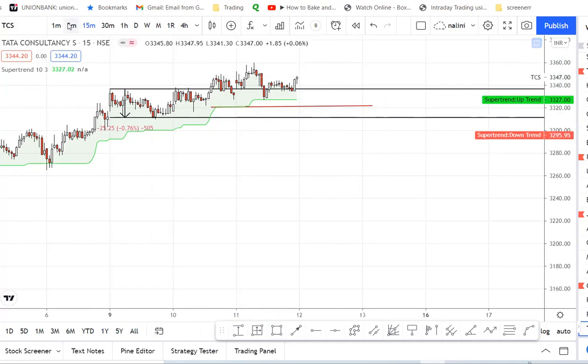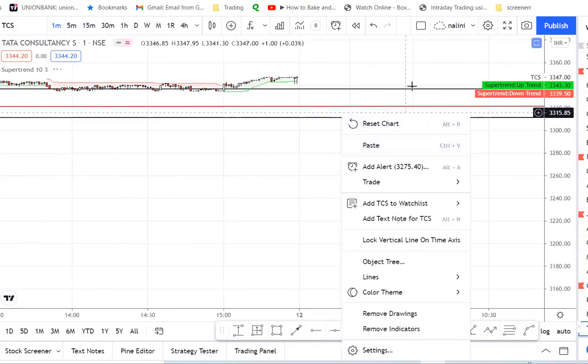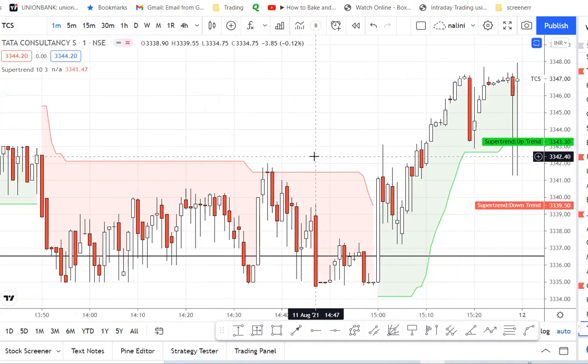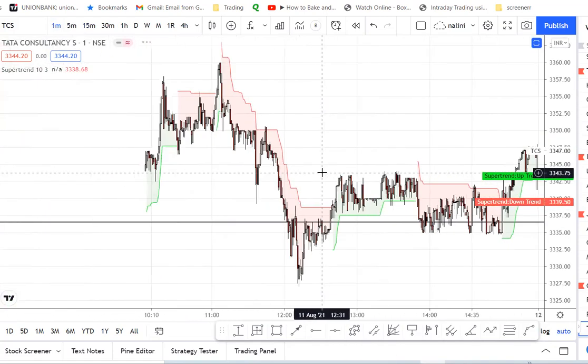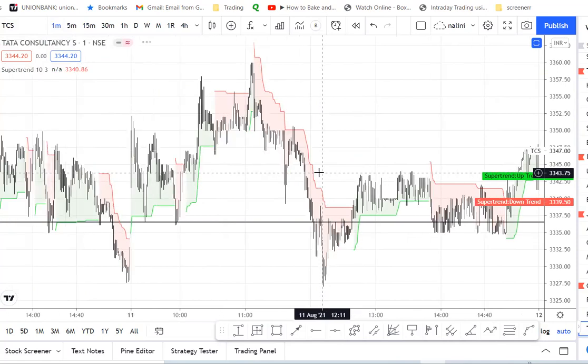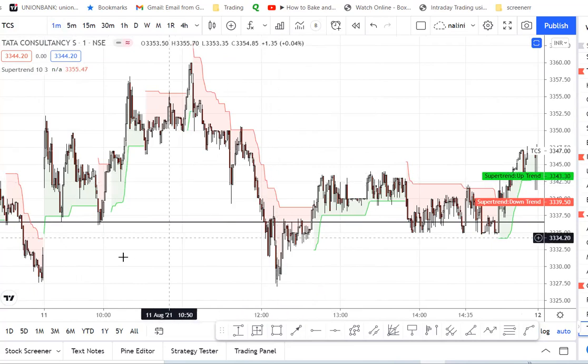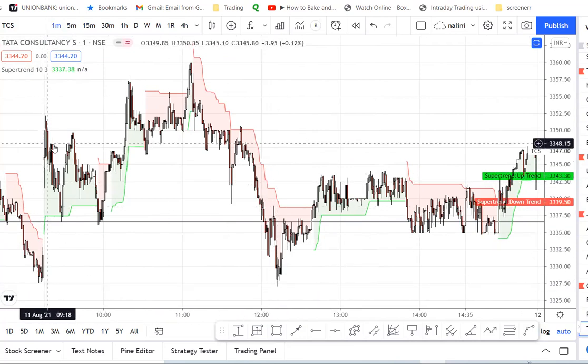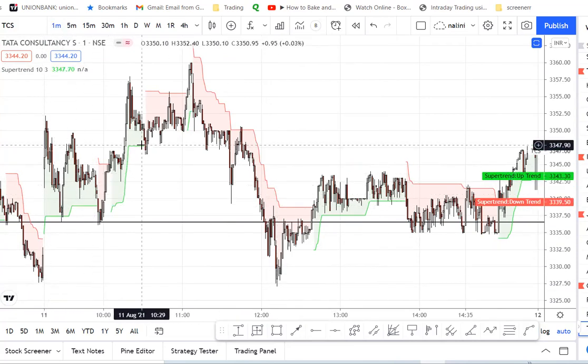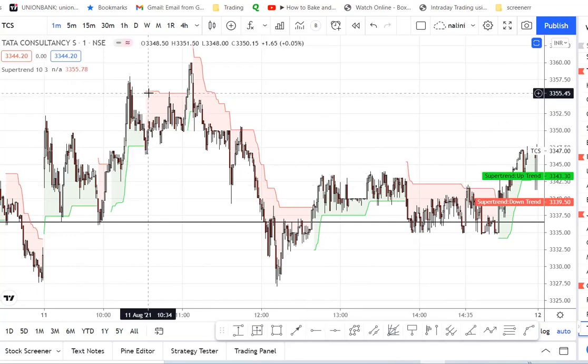So if you go to a smaller time frame, 1 minute, see, price started from here. Super trend is showing red. It started plotting red, but it has been flattened.